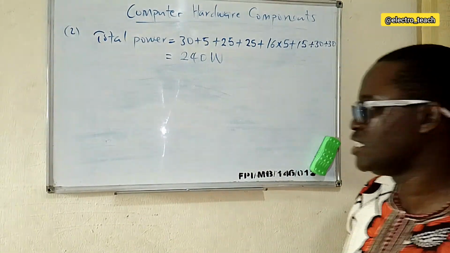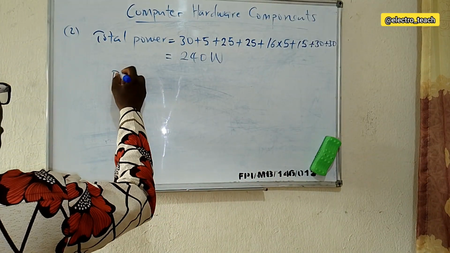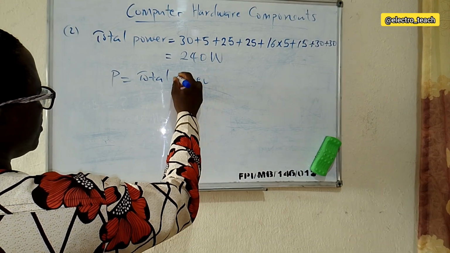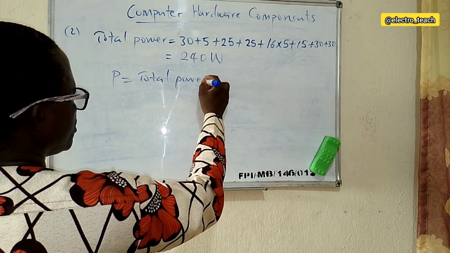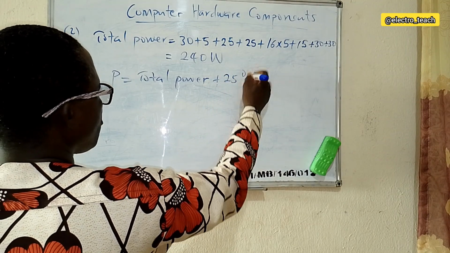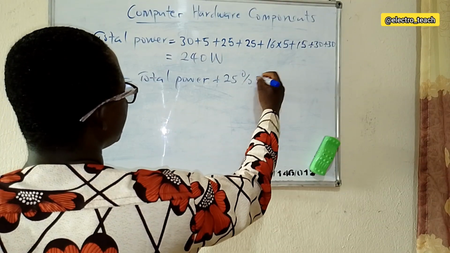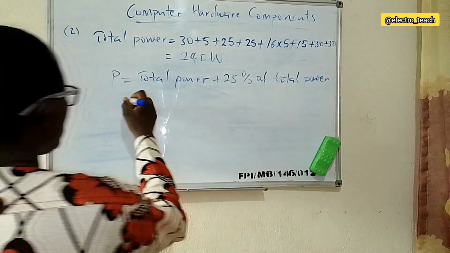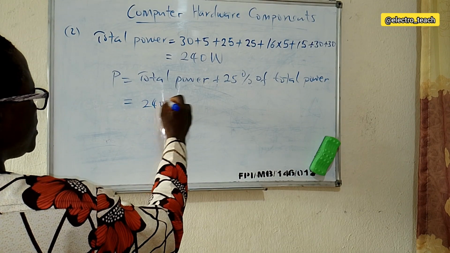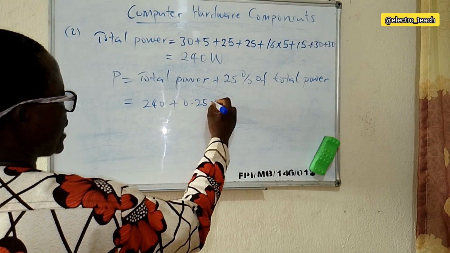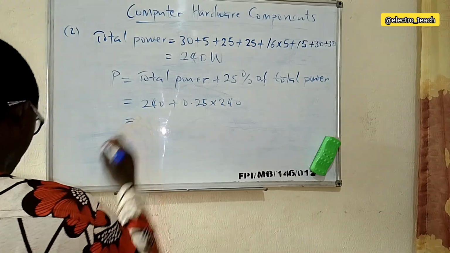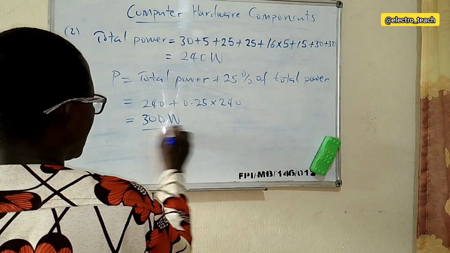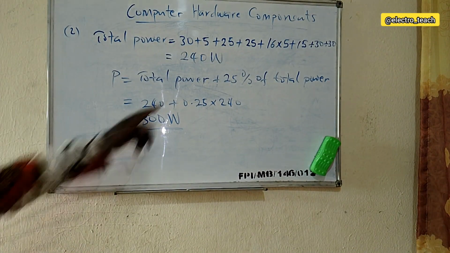So the power required will be the total here, plus 25% more of the total calculated here. So we are going to have 240 plus 0.25 times 240, and that's 300 watts. So we are going to now use 300 watts instead of 240.